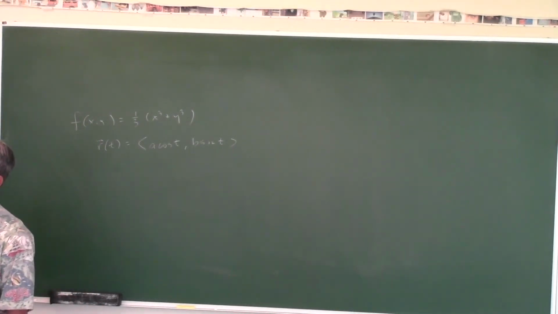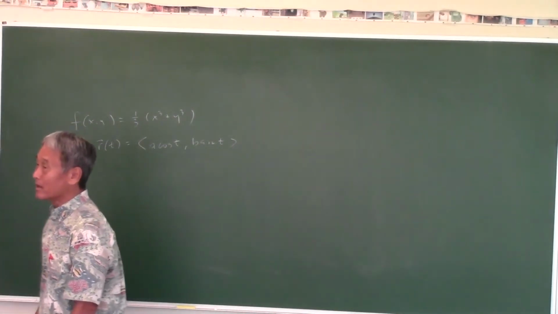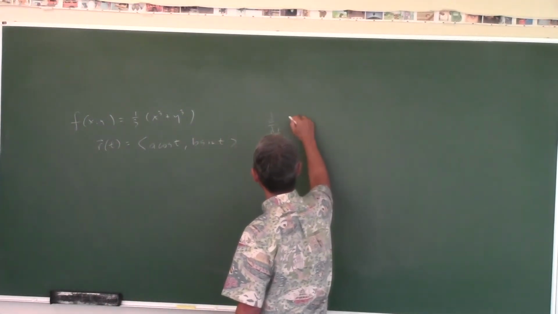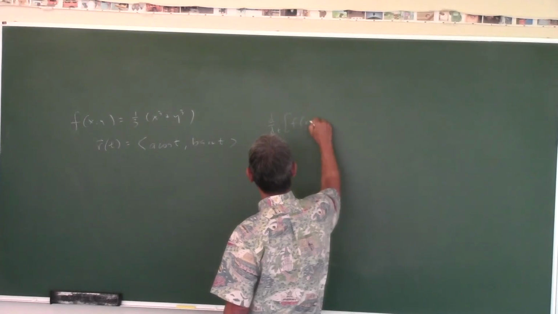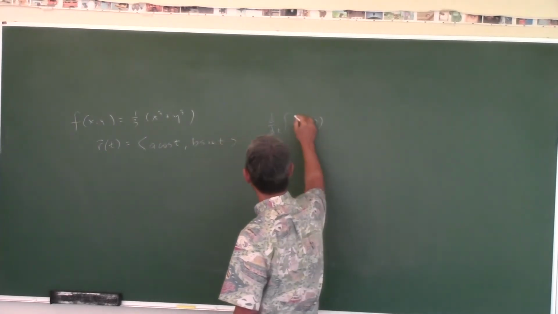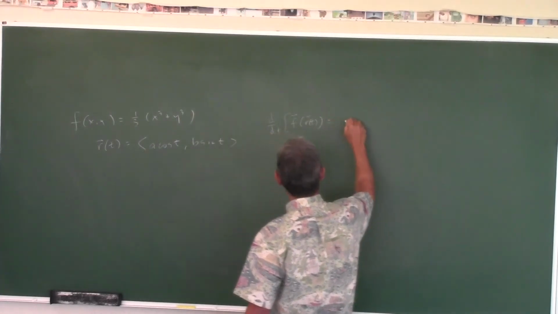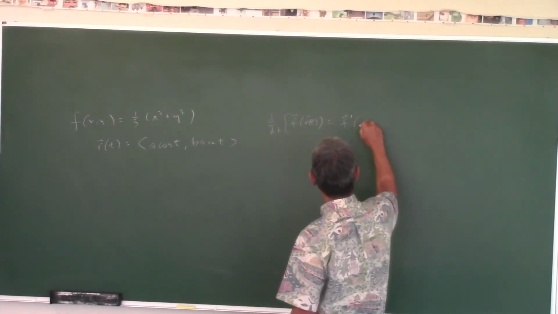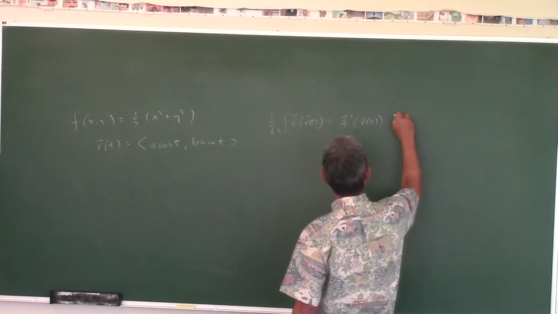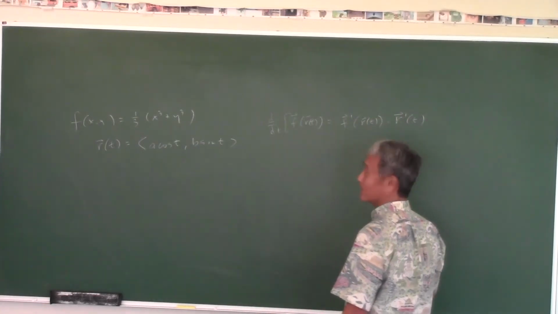Okay, so compute the rate of change. Let's write down the chain rule. The derivative with respect to t of f of r of t, except that's a vector here, is equal to the gradient of f at r of t times r prime of t.